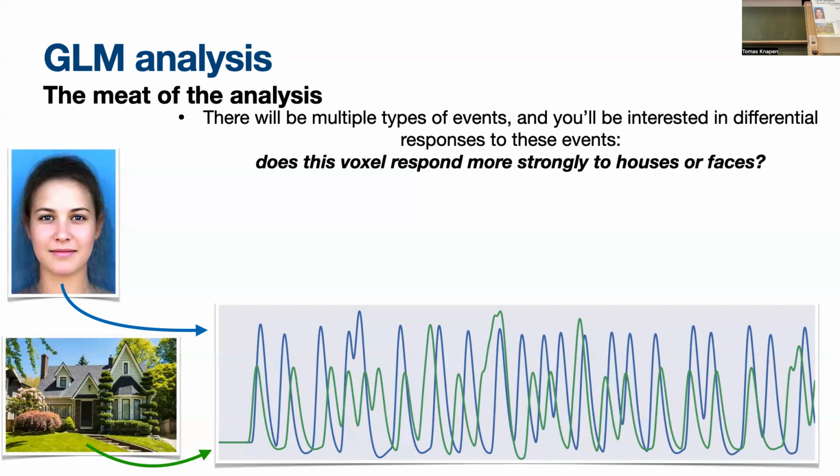And the green one would be expected for a house. So we can compare the brain responses to each of these separate responses and thereby adjudicate, is a voxel's response due to the presentation of houses or to the presentation of, what was it? Faces.